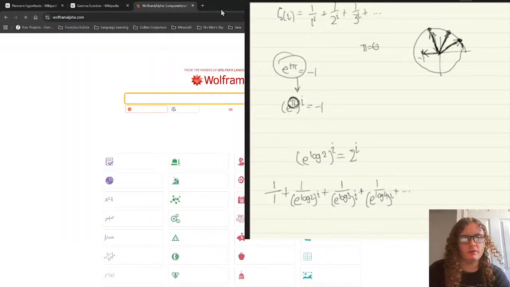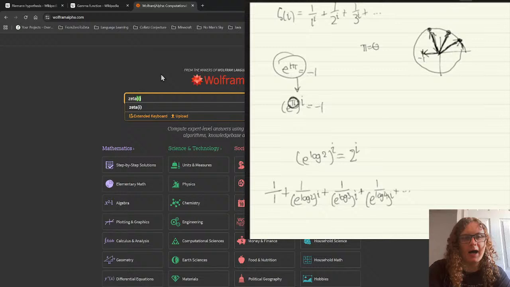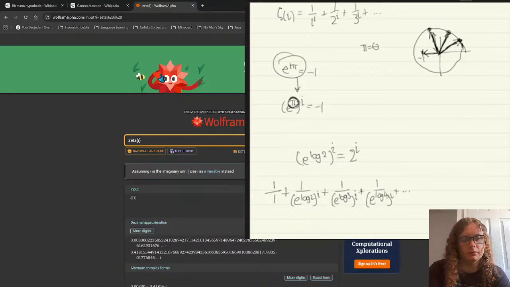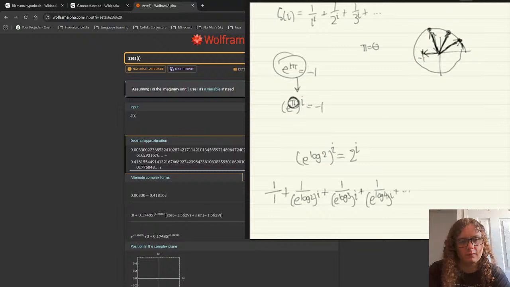Pull up Wolfram Alpha here. Let's see if zeta I has a value. It does. Okay, so it's not infinity like I thought.